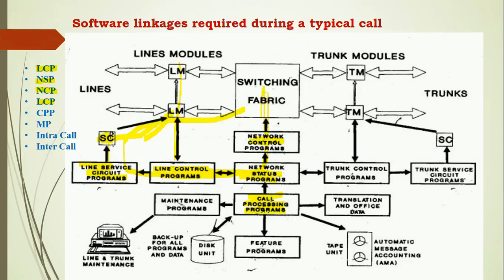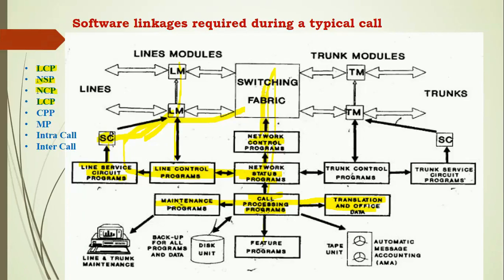In call processing, the 5 types of classifications of the software are connected. I hope you remember the first classification. The first classification is switching software, and the second one is maintenance software, which is connected with the maintenance program, and then office data and translation data are connected here.